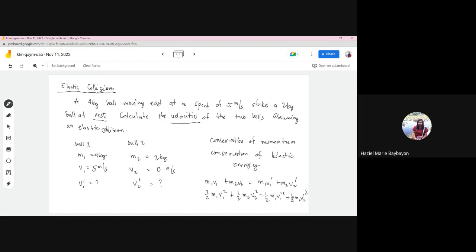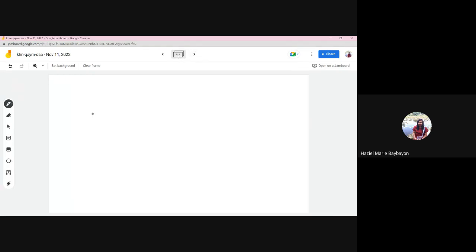However, we can further simplify this using the coefficient of restitution. So, what do you remember? For elastic collision, the coefficient of restitution E is equal to 1. So, let's review our coefficient of restitution.